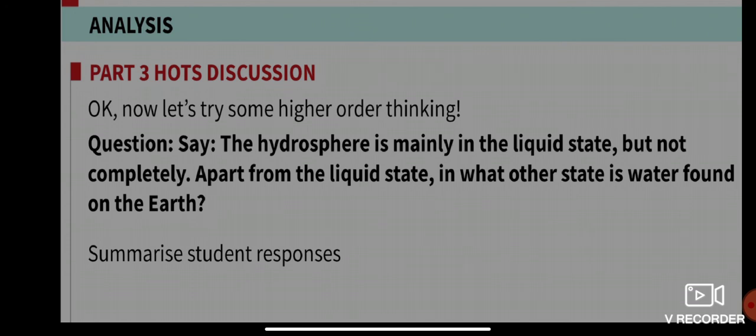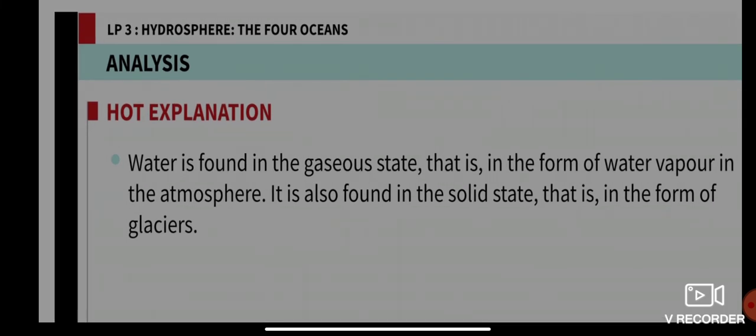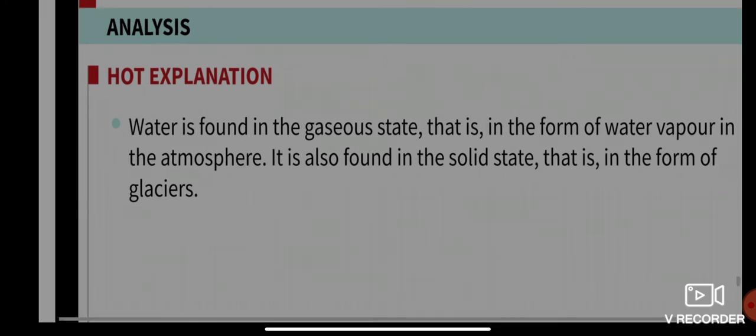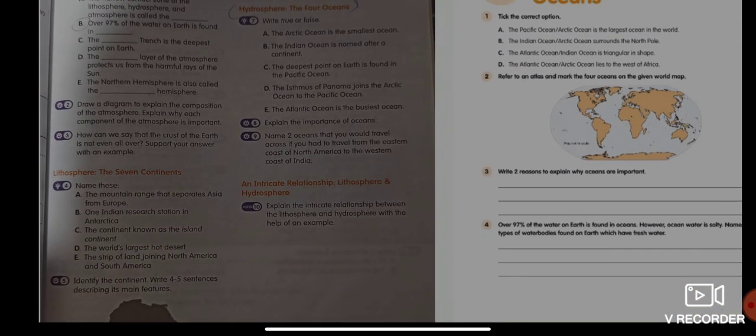This one you all know the answer, because we have already discussed it in our previous topic. Water is found in the gaseous state, in the form of water vapor in the atmosphere, as I explained to you. And it is also found in the solid state, in the form of glaciers, ice cubes.